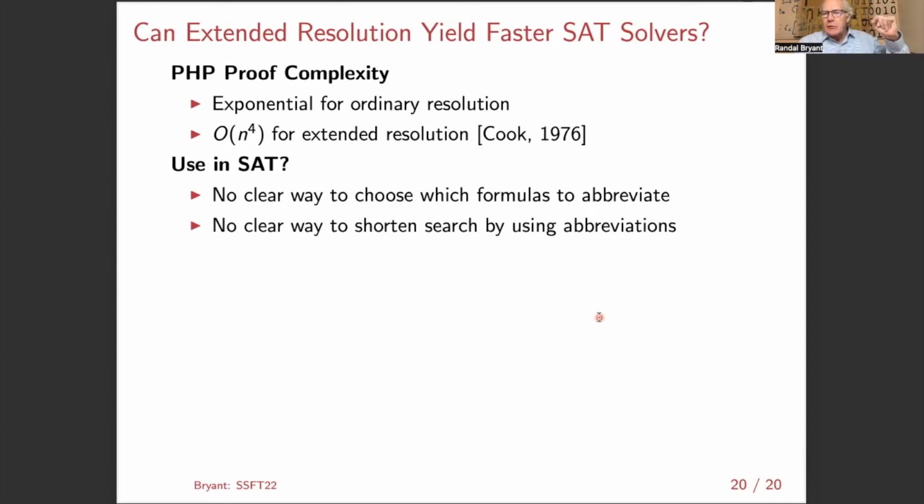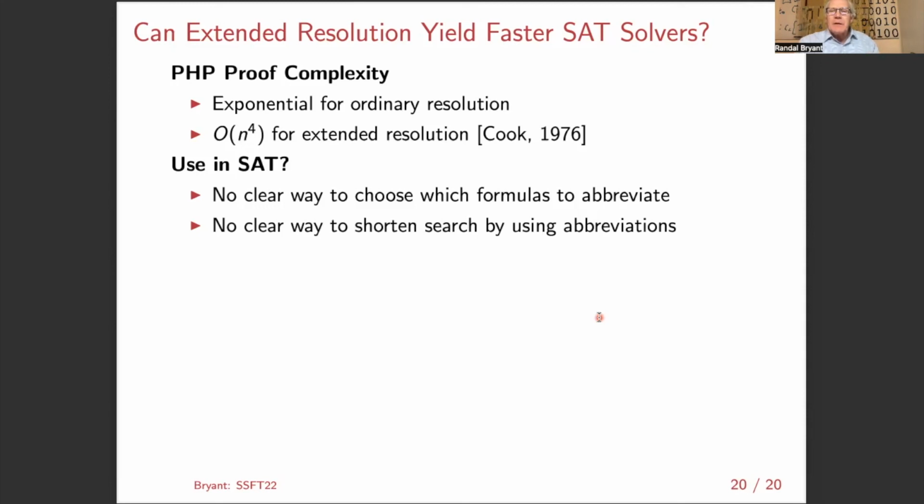Remember that the original formula is n cubed, so it's not that much worse to turn it into an extended resolution proof. So somehow there's a promise here that we could do better than what we're doing and generate short proofs.